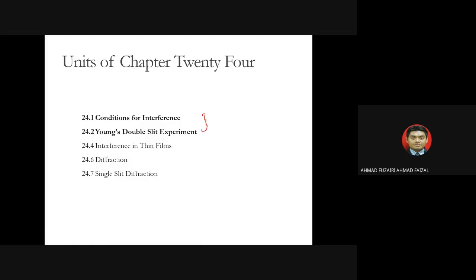In this chapter, we will learn some things related to interference. Before this, in your first semester, you already learned about sound interference. But today, I want to explain that it's not just interference on sound.